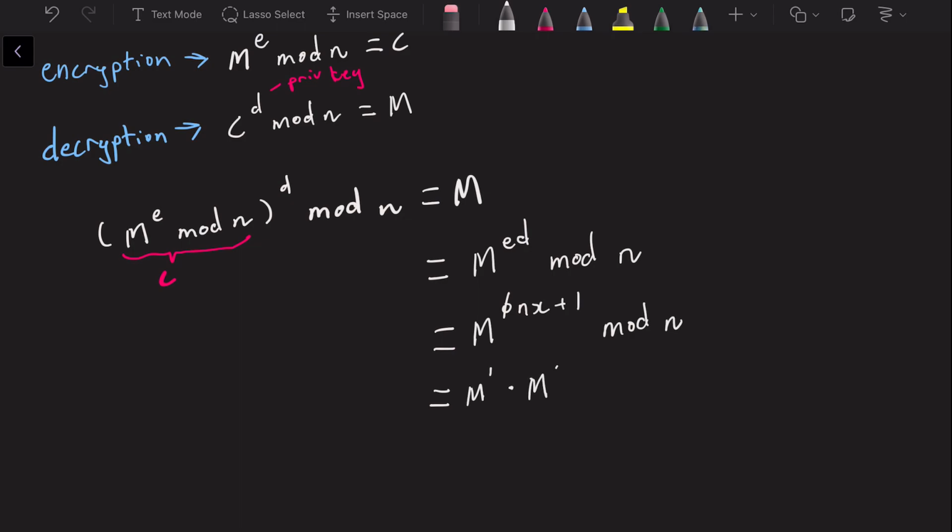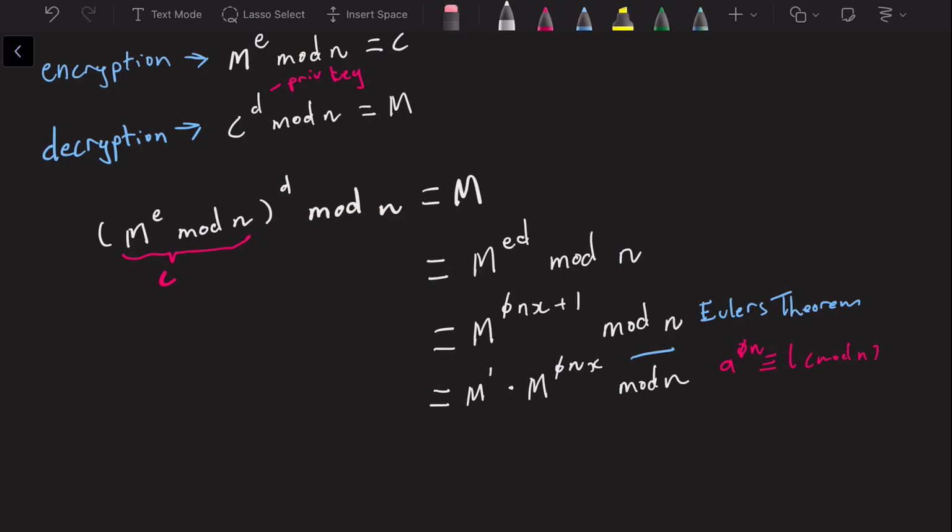It becomes m to the power of 1 times m to the power of phi n x mod n. Let's apply Euler's theorem, where a to the power of phi n is equivalent to 1 mod n.